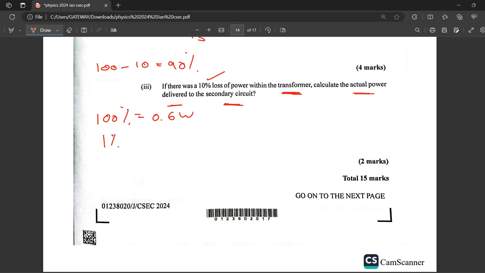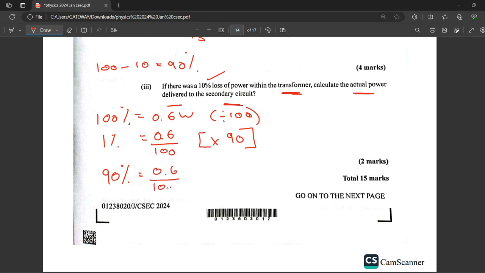So now 1%, if you divide both sides by 100, 100 divided by 100 is 1%. 0.6 divided by 100. And then you multiply now by 90. So 90% is equal to 0.6 all over 100 multiplied by 90. So what you would end up with here is 0.54 watts.